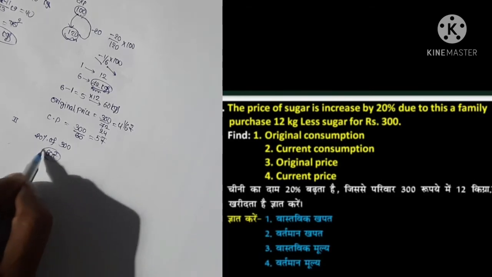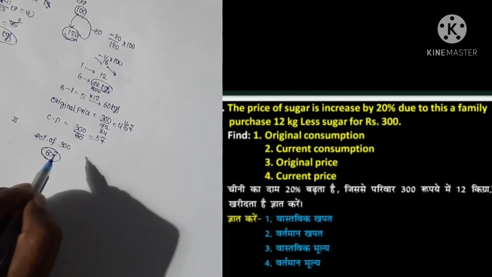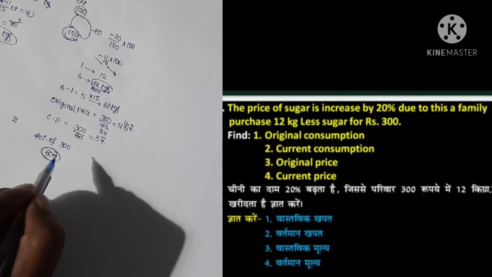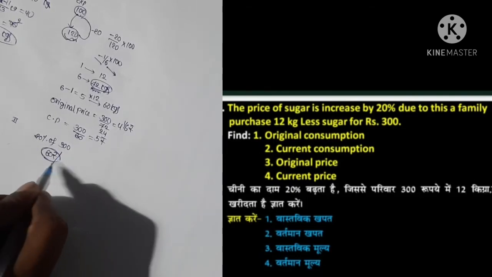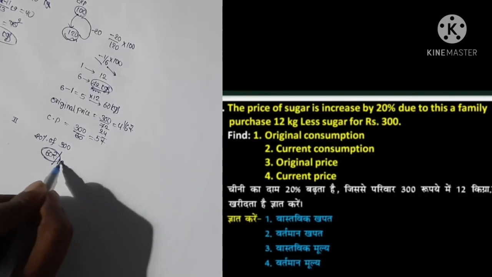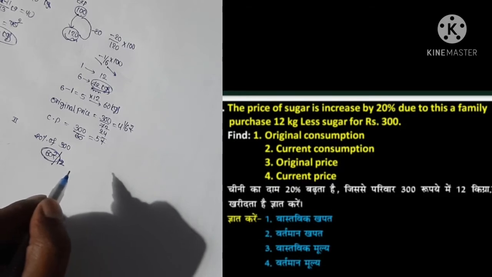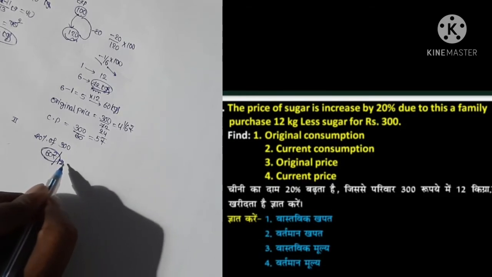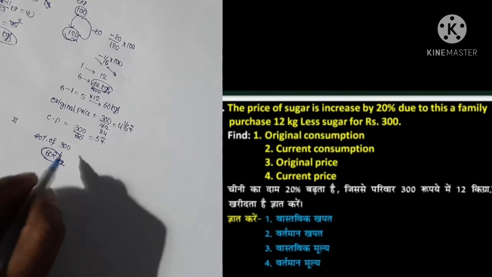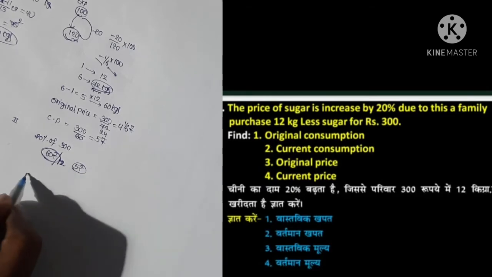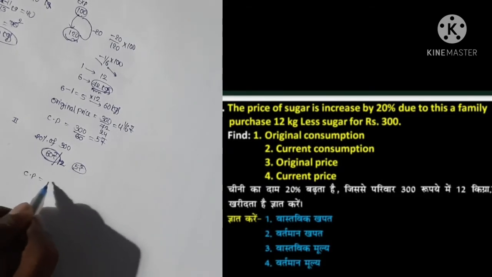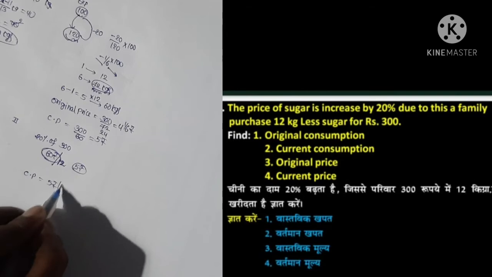For this 60 rupees, he purchased 12 kg less sugar. That means 60 by 12. So value is 5 rupees. So the current price is 5 rupees per kilogram.